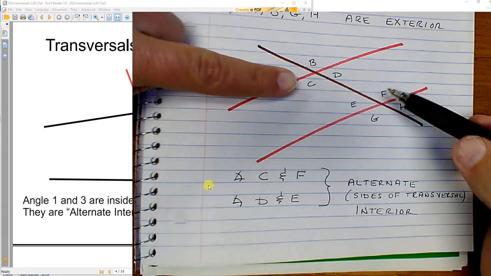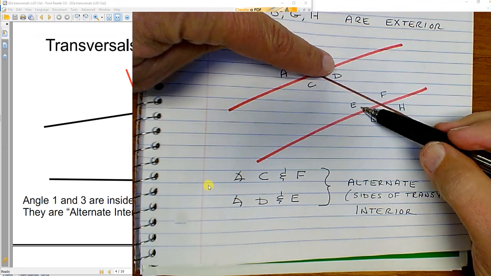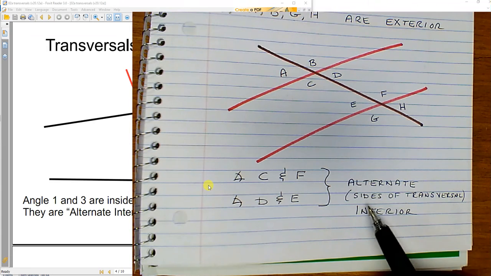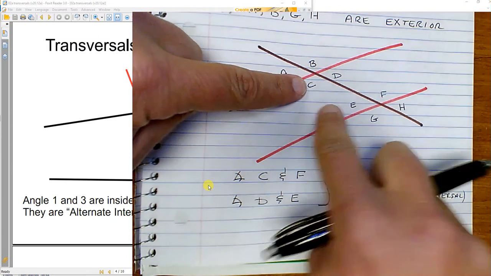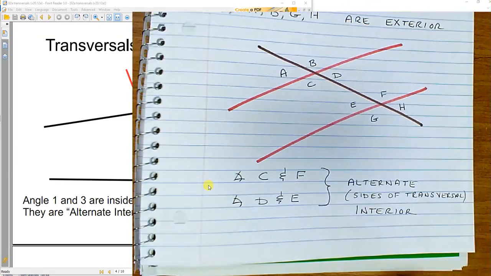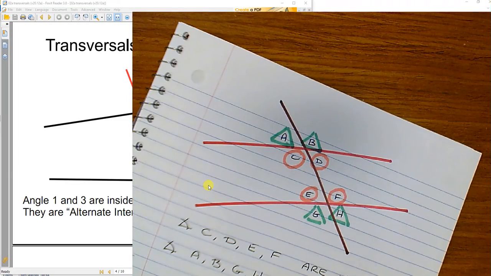So C and F, D and E are alternate, meaning on alternate sides of the transversal, interior angles.